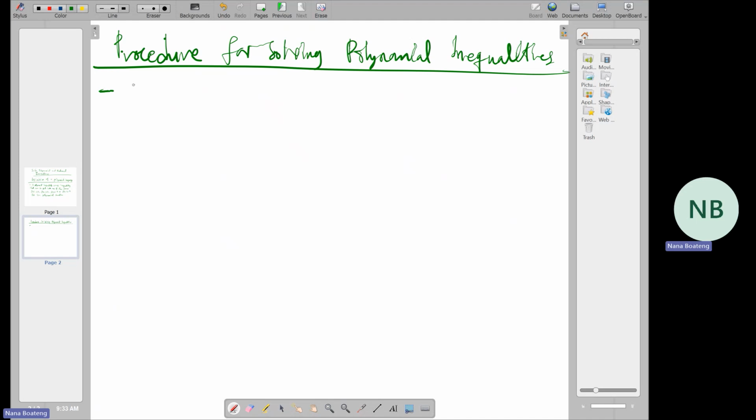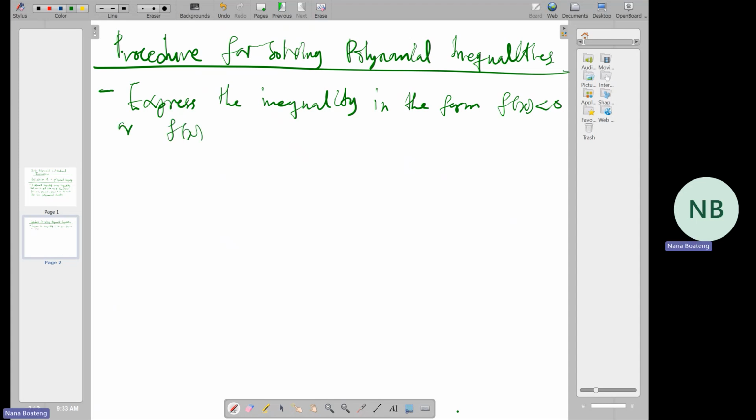So we express the inequality in the form f of x is less than 0, or f of x is greater than 0.